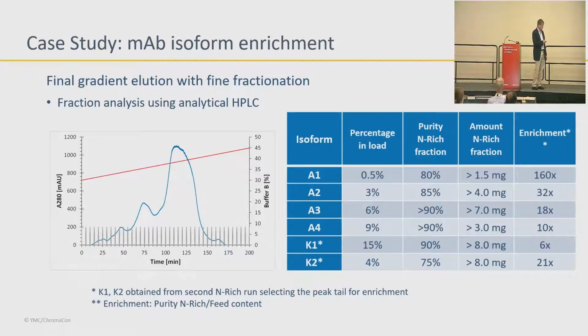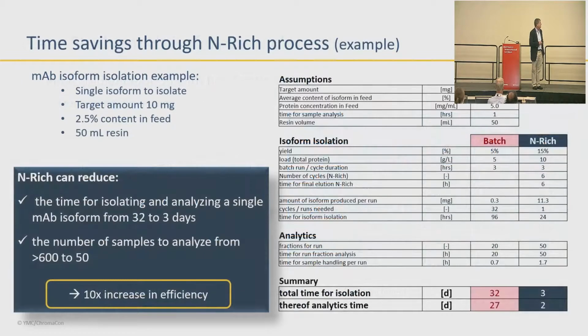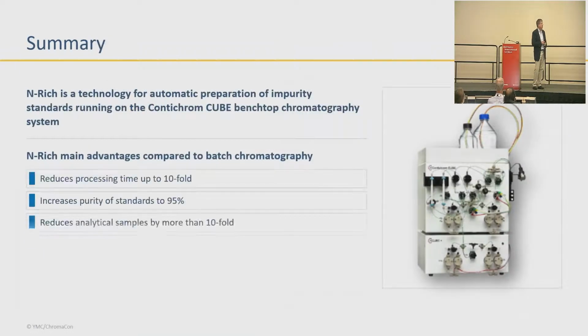They have pretty good purity from the different fractions and the percent of the material in the initial load. And when you're running these kinds of things, you can do all kinds of statistics and different ways of evaluating and comparing the batch with the enrich. In almost every case, the enrich does so many different things.